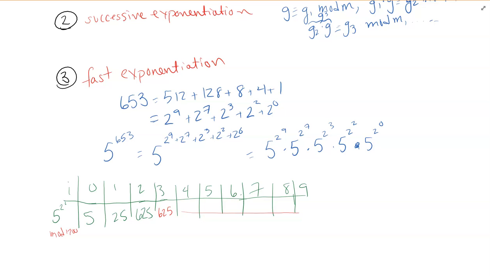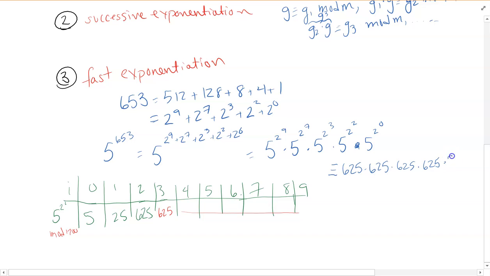But then what I would do from where I left off is simplify this. Since I'm introducing modulus, this would be congruent to 625 for the first one, 625 for the second, and then 625 for that third. Oops, 625, not 253, 625 for the 5 to the 2 to the third, and then for 5 to the 2 to the second, 625 for that, according to the table, and then for 5 to the 2 to the 0, that is going to be times 5, and then I have to do all this mod 1200.